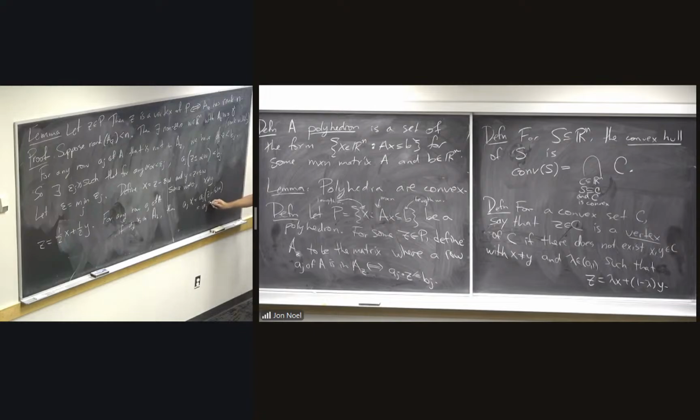Which is aj times the vector z minus epsilon aj w.